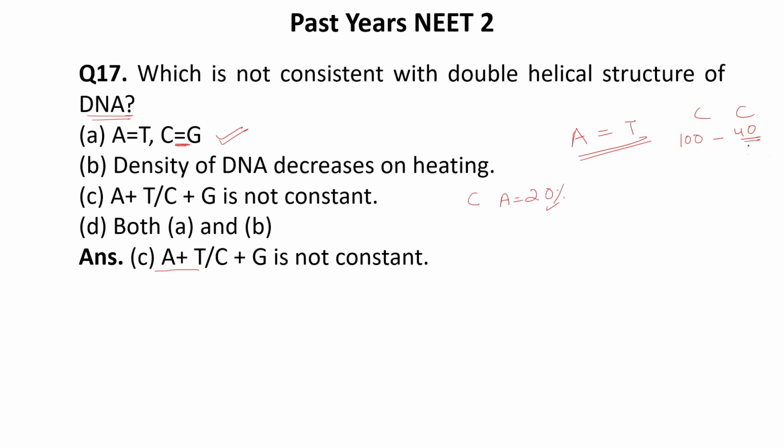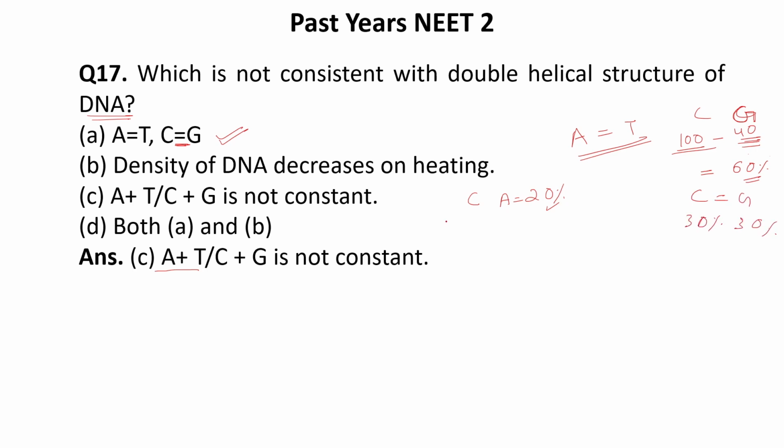So what will be the percentage of C and G? 100% minus 40% will be 60%. And C is equal to G, so both will have 30%.